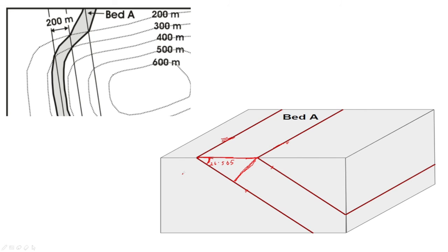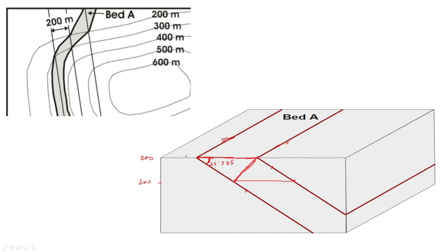And second, the distance should be at the same height. So suppose this is at 300 meters, so this point is also at 300 meters and this point is also at 300 meters. Suppose this is at 200, so this will also be at 200 meters.